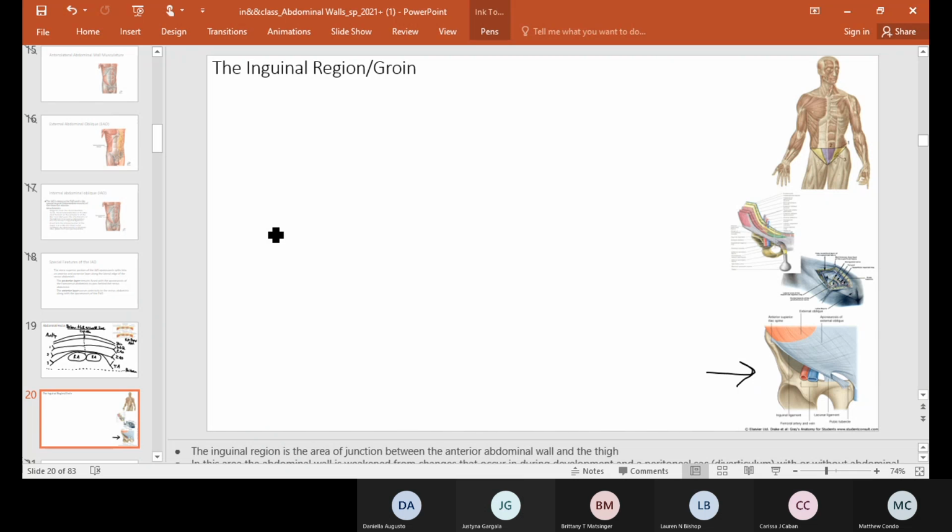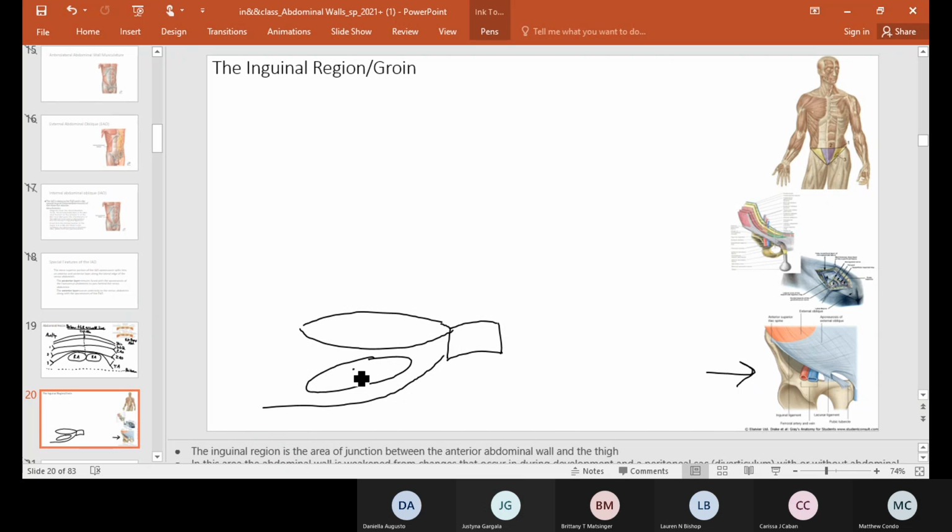So what we're going to do is draw in a couple pelvic structures here first. OF is going to equal something called the obturator foramen.